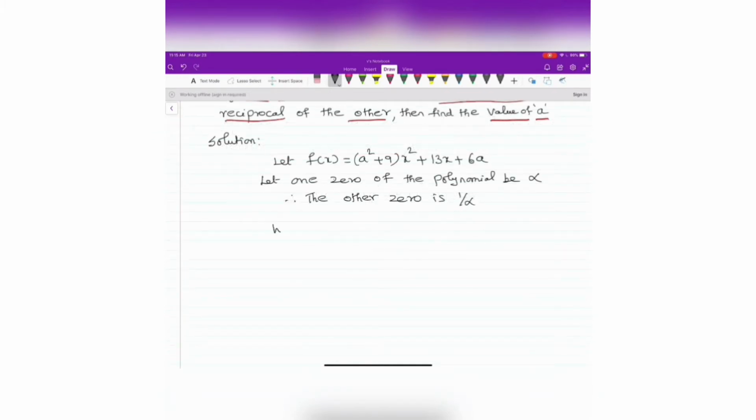We know that the product of zeros is equal to alpha into 1 by alpha, which is equal to constant term by coefficient of x square.